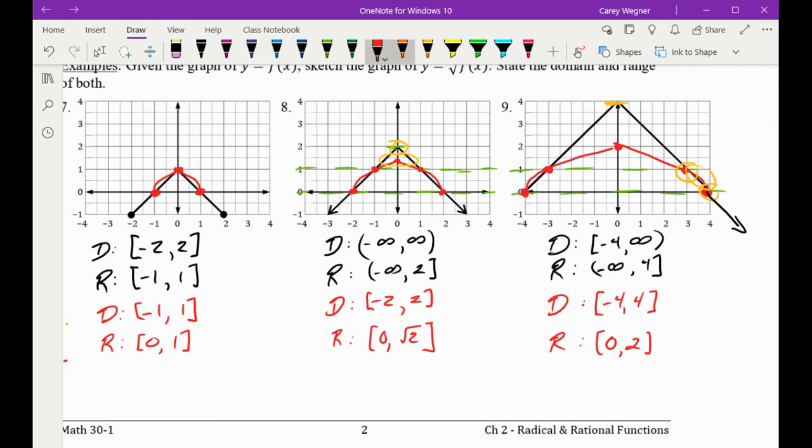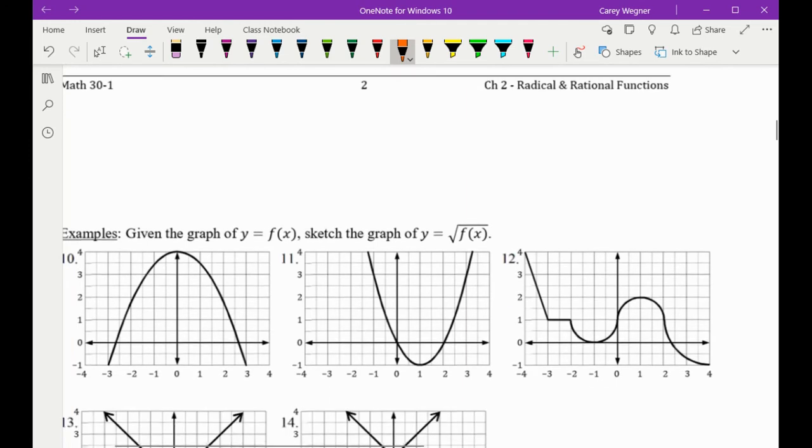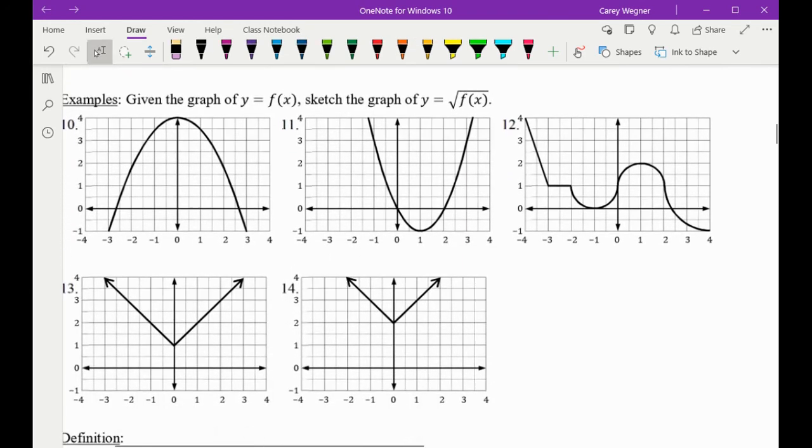You'll notice with all of these, my smallest value was 0, which is fairly common, but it doesn't always happen. So don't automatically assume that the smallest value will be 0. We'll see an example on the next page where that will not be the case. At this point, I would like you to have a look at the next 5 graphs.